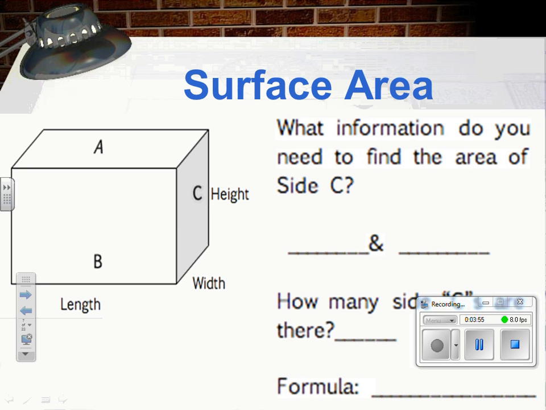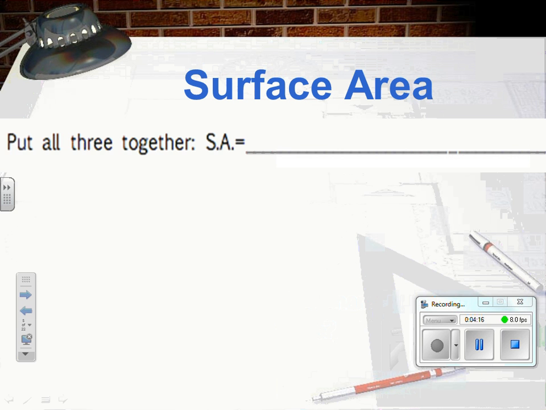And then we have side C, and we're going to need our width and our height. How many side C's are there? There's a right side, which is labeled side C, and the left side that we don't necessarily see. So there are 2 sides to that as well, so we say 2 times width times height.